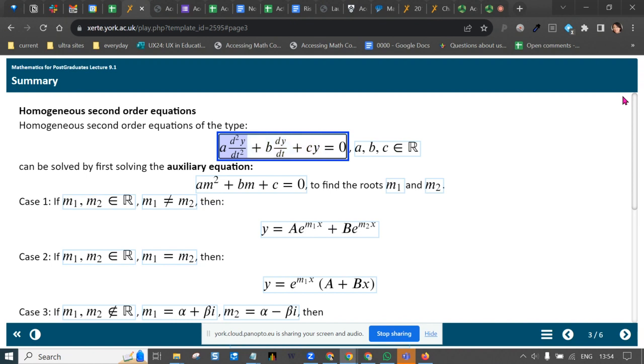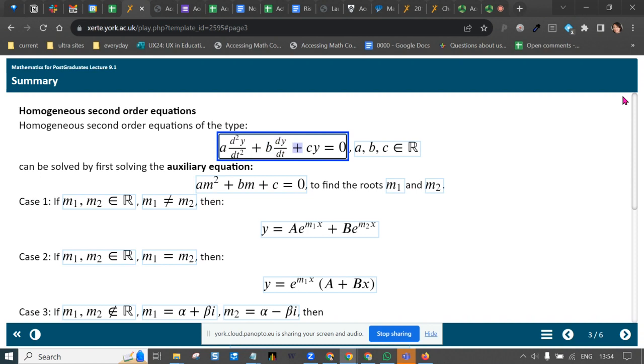a start frac d squared y over dt squared end frac. Times. Start frac d squared y over dt squared end frac. Let's go up. a start frac d squared y over dt squared end frac. Then go right arrow. Plus. b start frac dy over dt end frac.